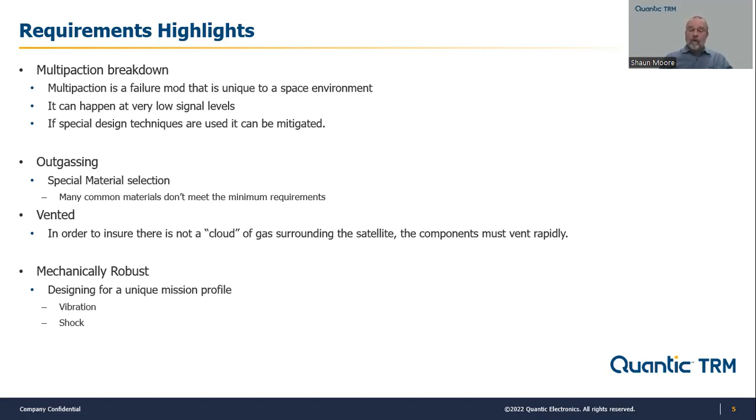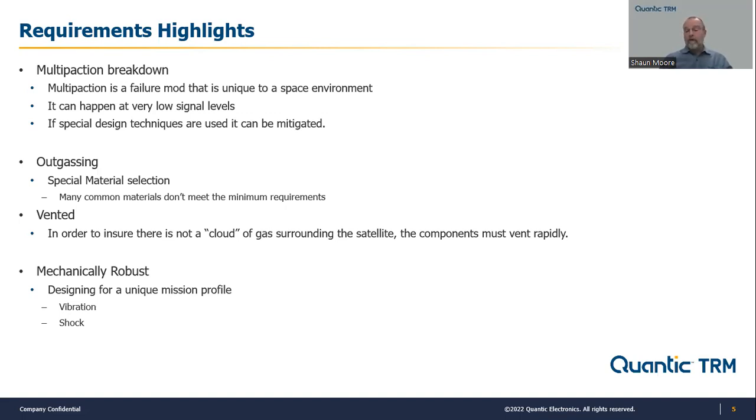So we want to make sure, through our material selection, that we don't have outgassed materials on the component. Again, this is something that Quantic TRM has quite a lot of experience with. We have alternate materials that do not outgas or that meet the NASA outgassing requirements, so this is mitigated through material selection and really through history.